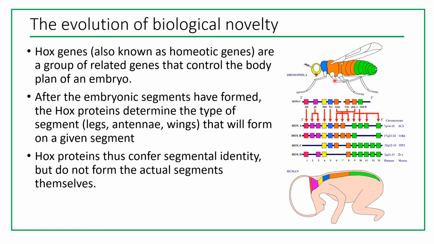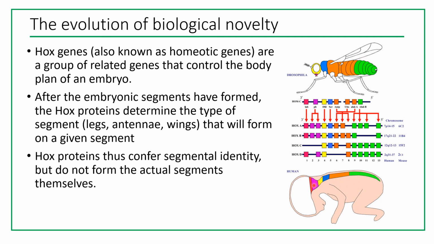What it means is, if you look at this fly, where the head is going to be, where legs are going to be, where wings are going to be, or in a human, where eyes will grow. You don't want your eyes to grow on your back, or you don't want your arms to grow where your legs are supposed to grow. That's what those Hox genes are partially responsible for, right?